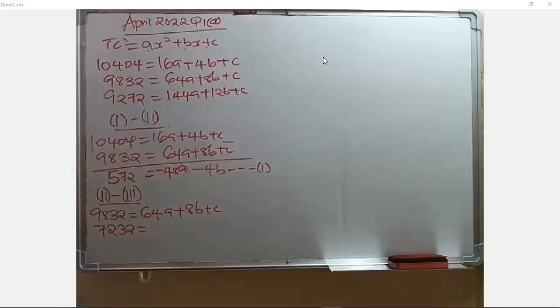Now, we were discussing the second equation here. We take the second and the third equations and subtract to eliminate one unknown.